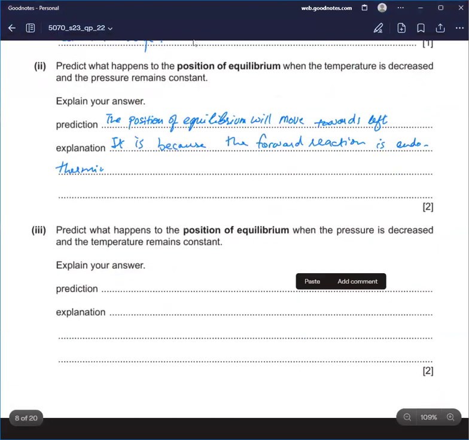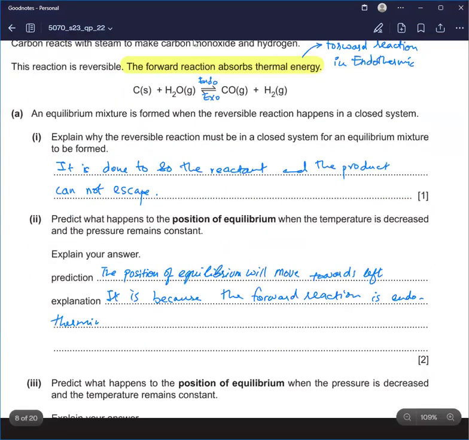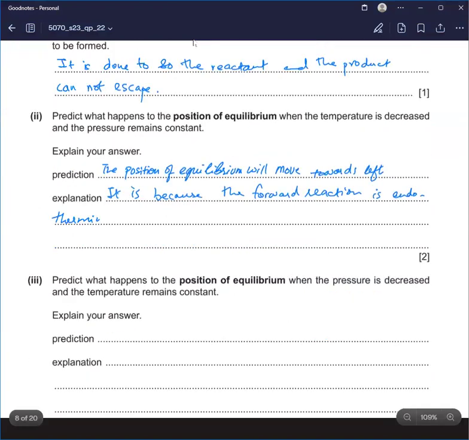Next: predict what happens to the position of equilibrium when the pressure is decreased and the temperature remains constant. One thing you need to consider is that pressure acts on gases only.